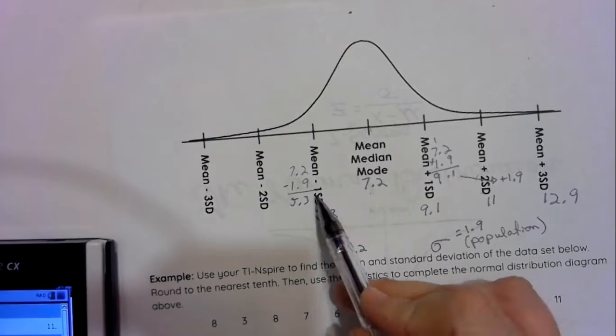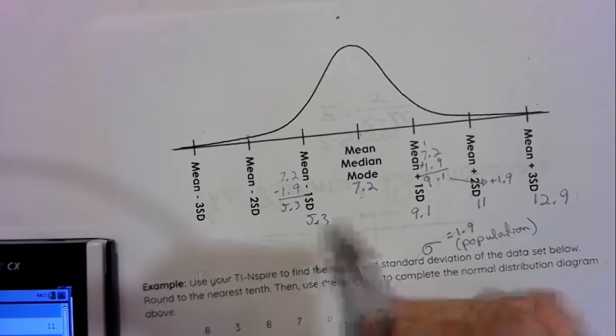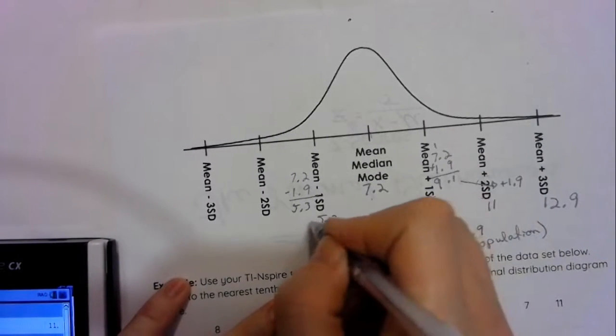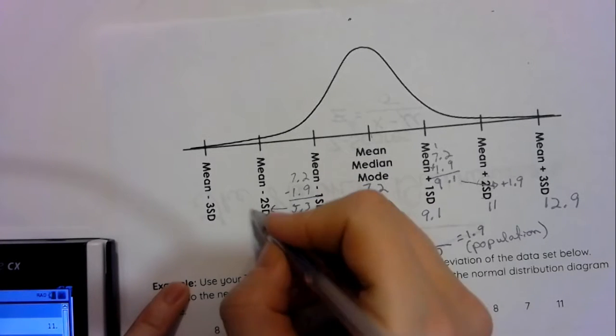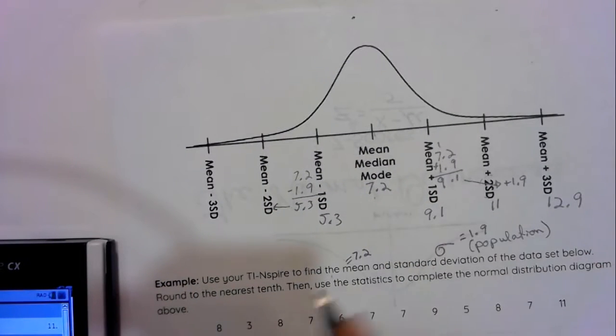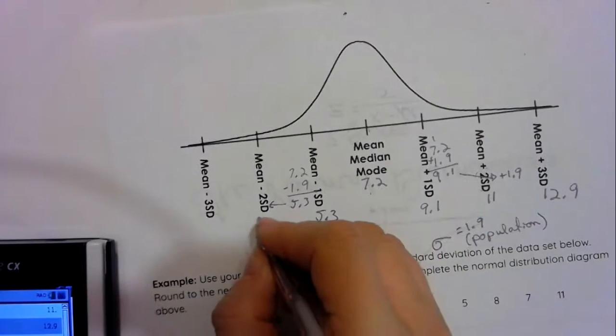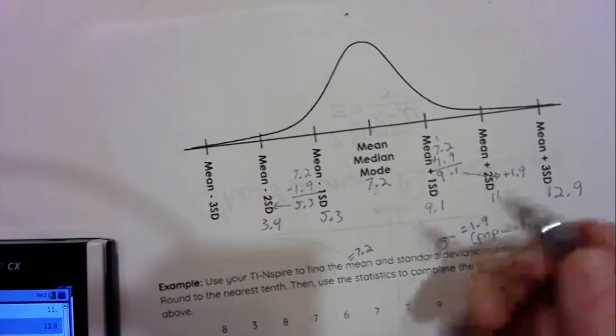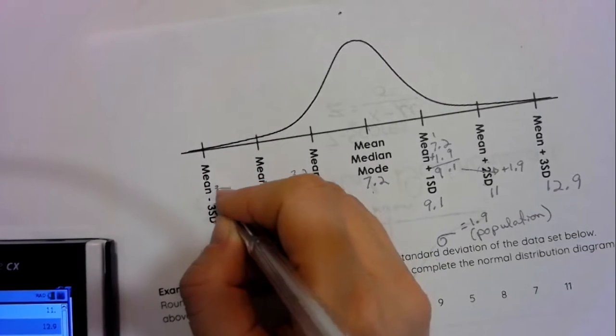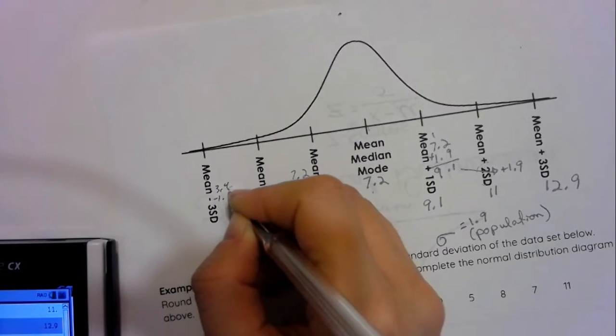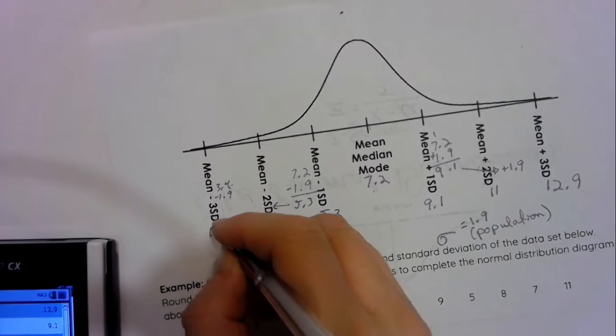That means 1 standard deviation below the mean is 5.3. Then take that and subtract 1.9 again, and I get 3.4. And then take 3.4, subtract 1.9 again, 1.5.